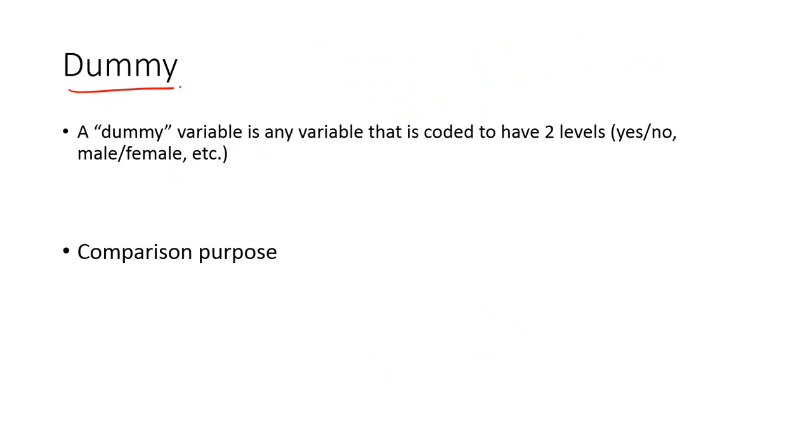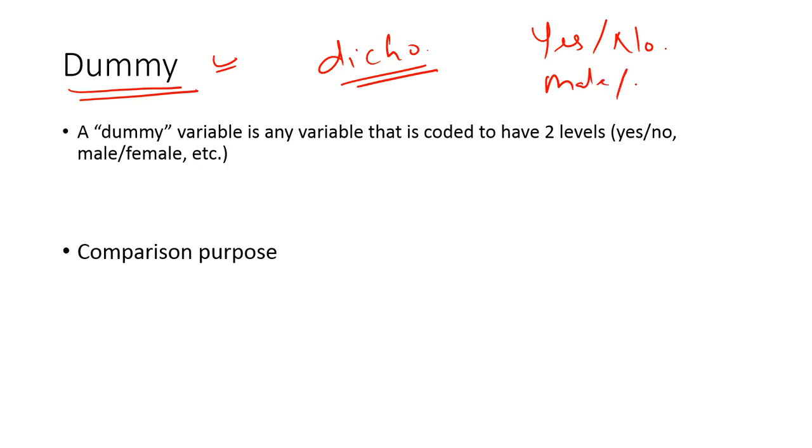Okay, so let's understand what dummy variables are. Oftentimes you will come across this term. This is a variable which is coded, which is basically derived from a dichotomous variable. From a dichotomous variable you derive a dummy variable. So cases where you just have two values, two levels. It could be yes or no, male or female.